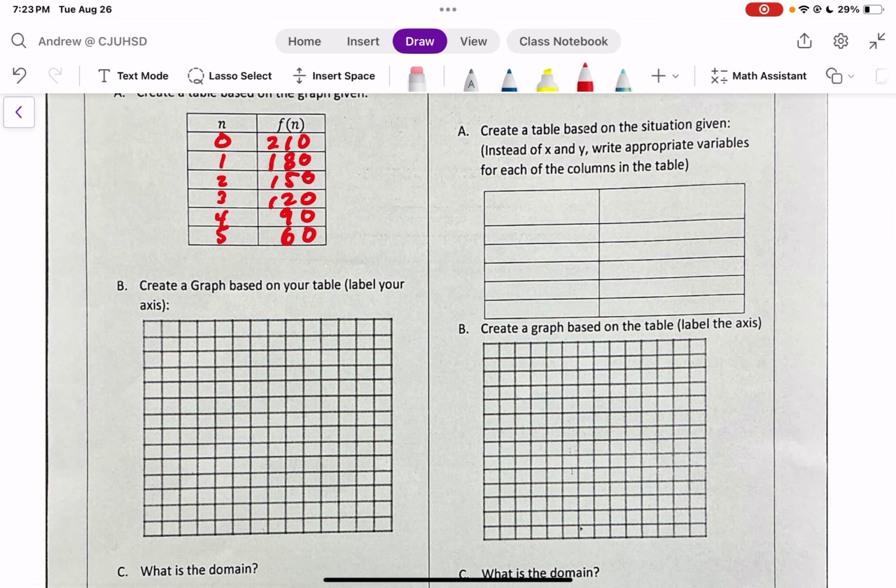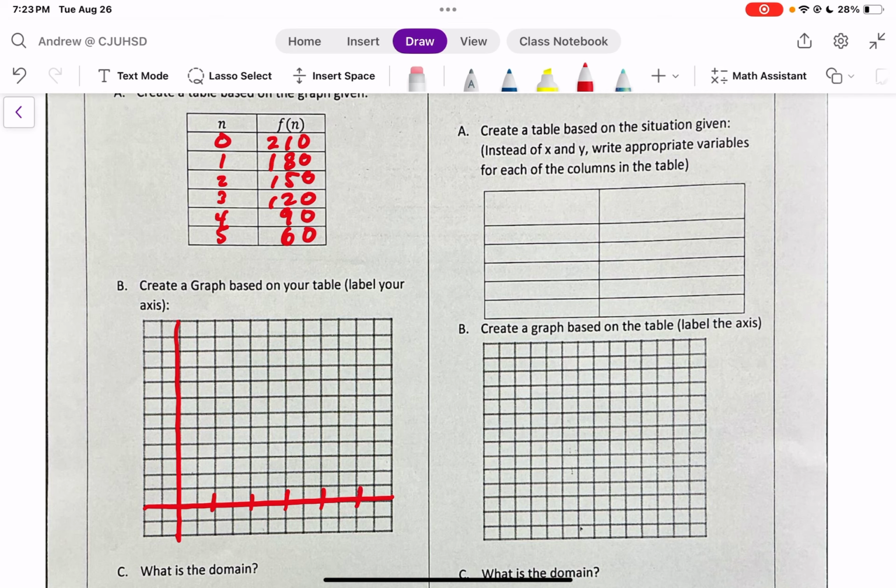Let's make this as easy on ourselves as we can get. So if I define a corner as 0, 0, and I gotta go out to 5. So maybe 1, 2, 3, 4, 5.